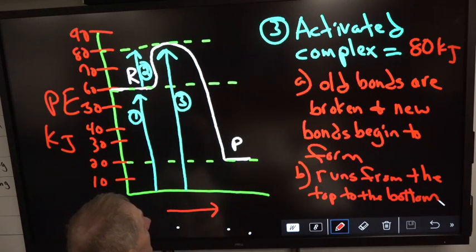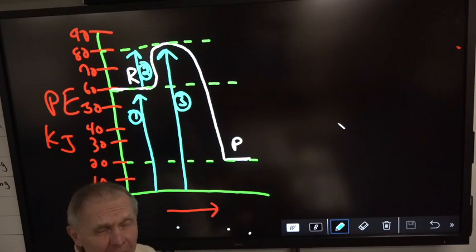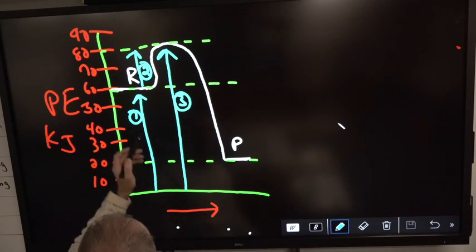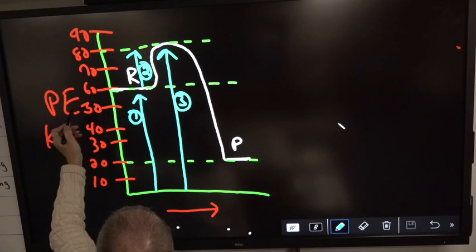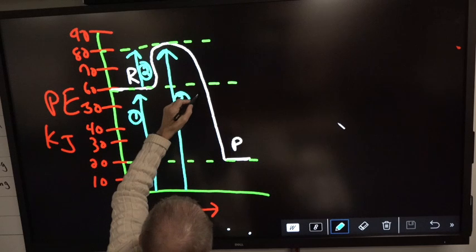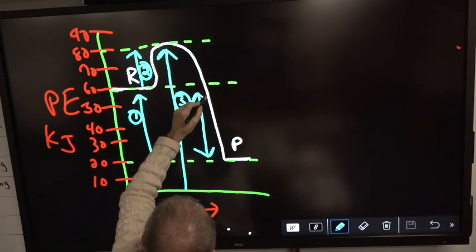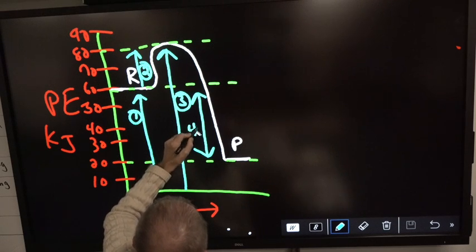Now, line segment number 4 is probably one of the most important line segments on the whole graph. Line segment number 4 runs between the reactants and the products, so we're going to go like this. And this is line segment number 4.